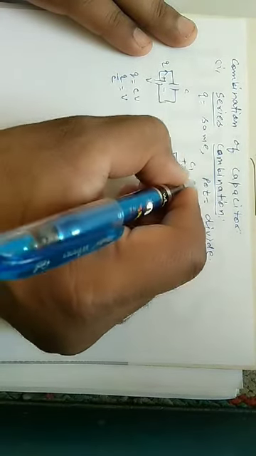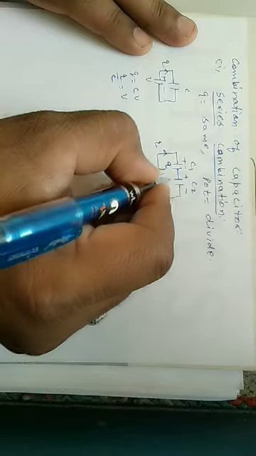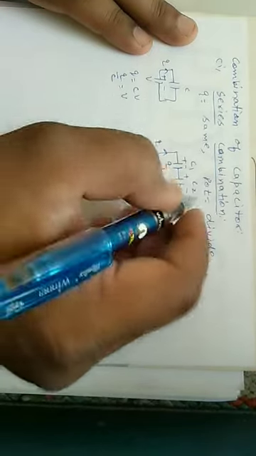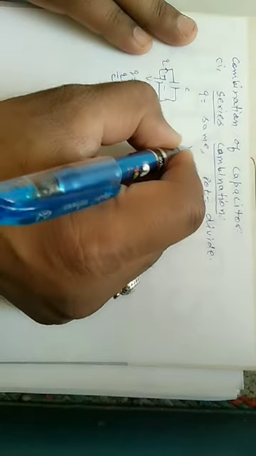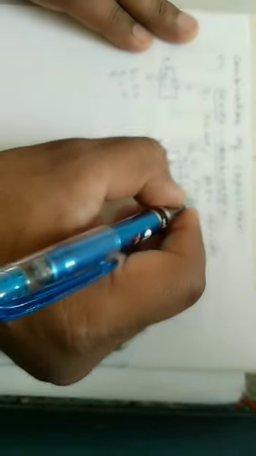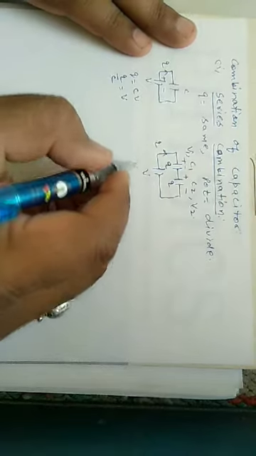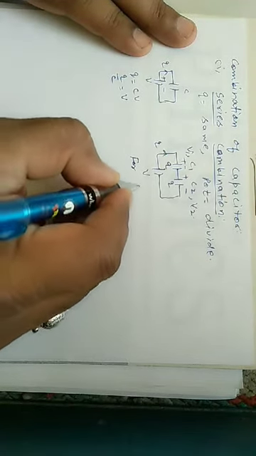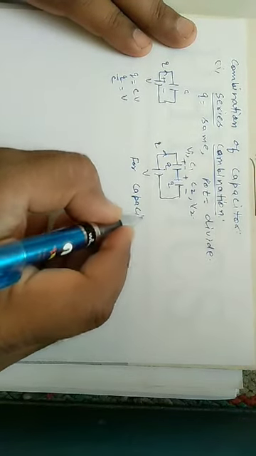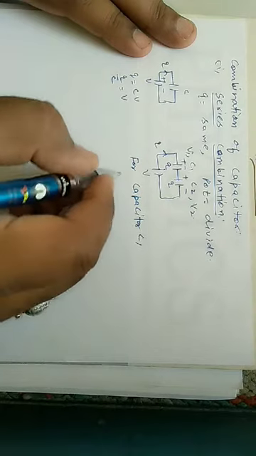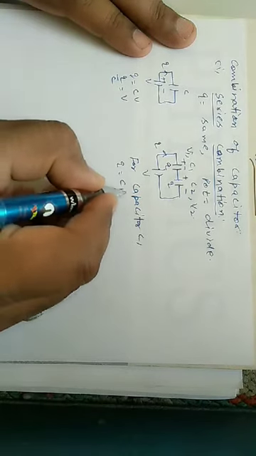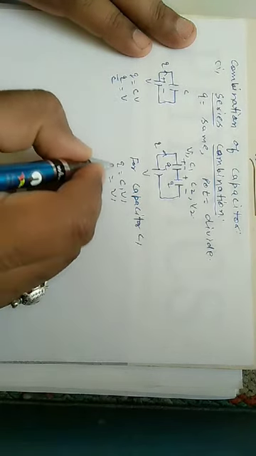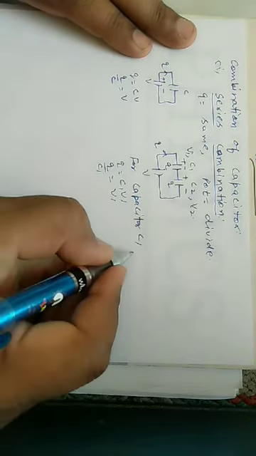Charge remains same, Q in every capacitor. Potential gets divided. So in the first capacitor, potential will be V1, and in the second capacitor, potential will be V2. Now for capacitor C1, we can write Q equals C1 V1, so V1 is Q by C1.